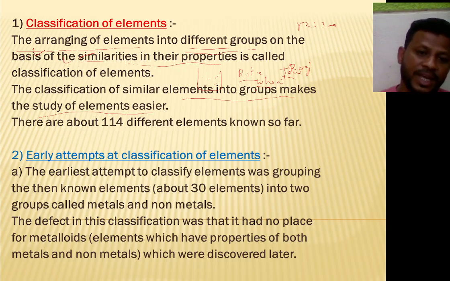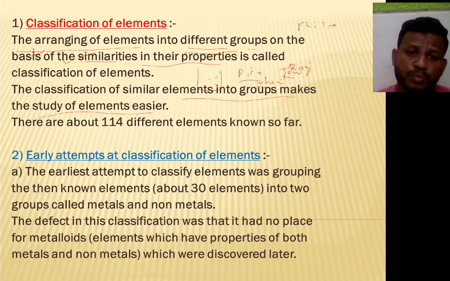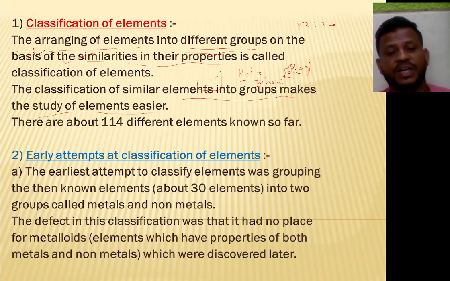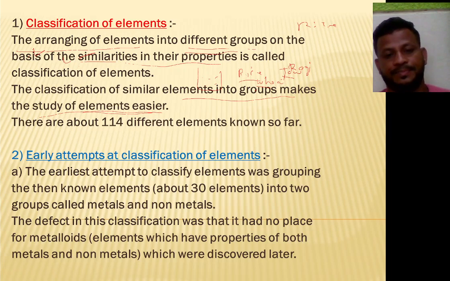Why should we classify the elements? Why should we put all the elements into different categories, into different rows and columns? Because when we classify them, it helps us to study the nature and properties of the elements very easily.